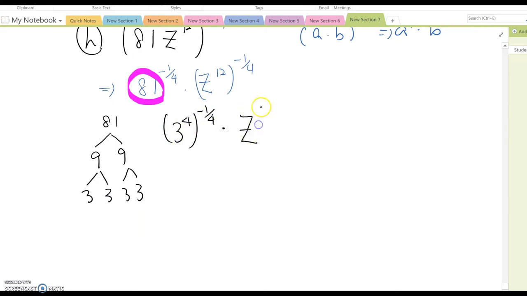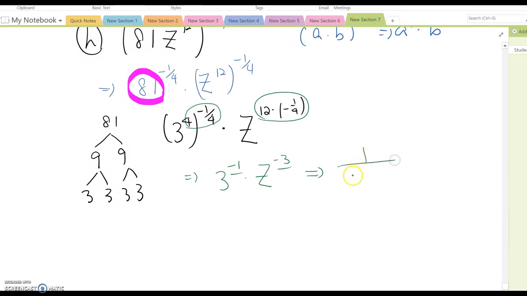Now z to the 12 times negative 1 over 4 power. Then this is 3 to the negative 1 because you multiply these two, and z to the negative 3rd because you multiply them too. Then both are negative powers, so you can make it 1 over 3 z cubed. That should be the answer.